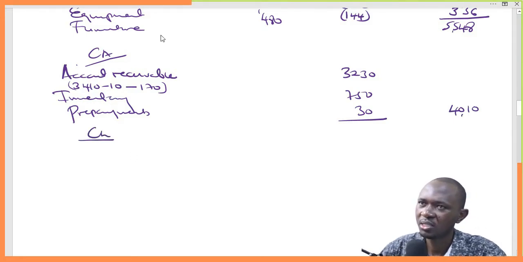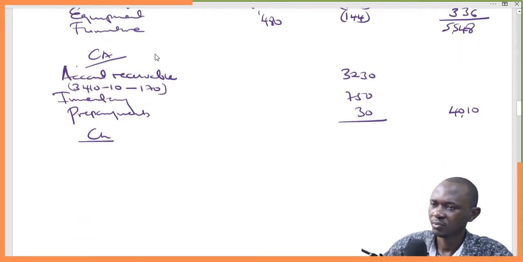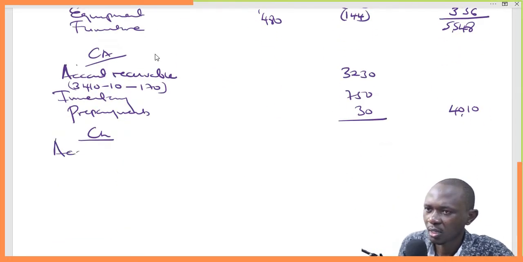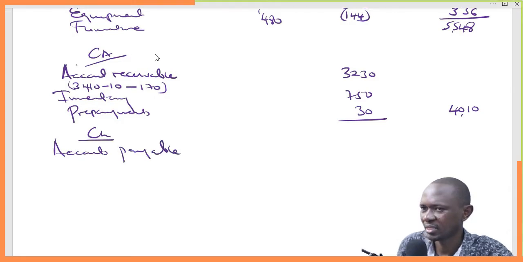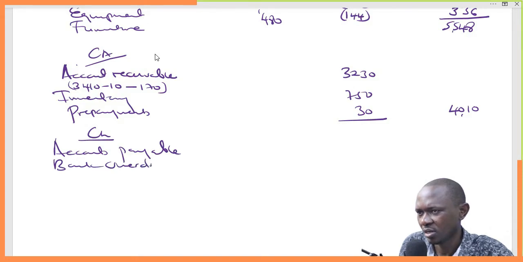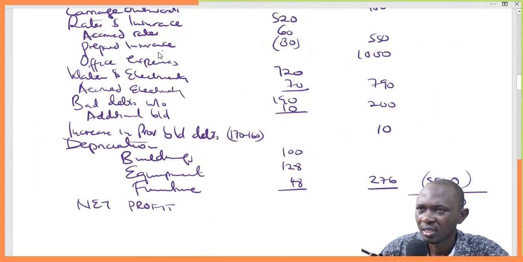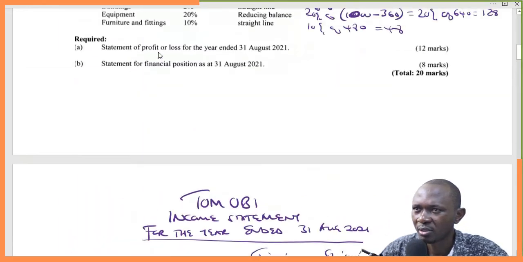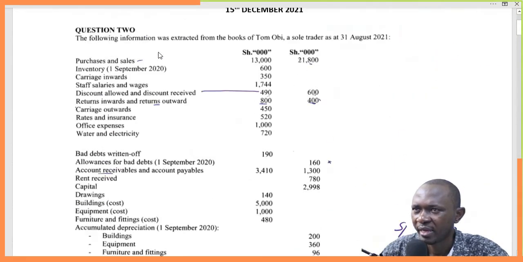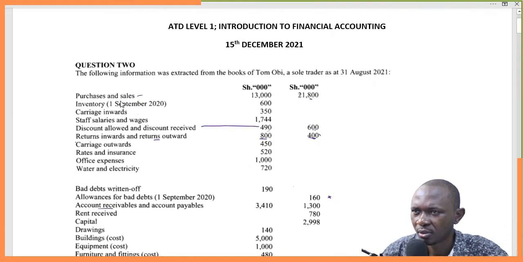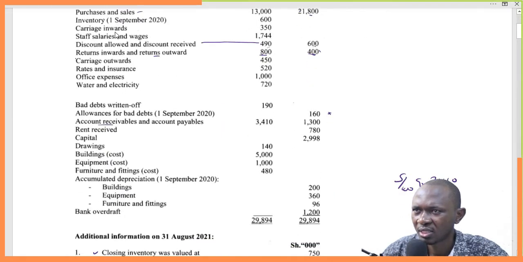For current liabilities, now we have accounts payable, which didn't have any working, so we are going to pick it as it is. And I also remember seeing a bank overdraft. So we have bank overdraft, and then we'll go to the accruals that we have. So go back to the question. Let's check, it's always good to check.